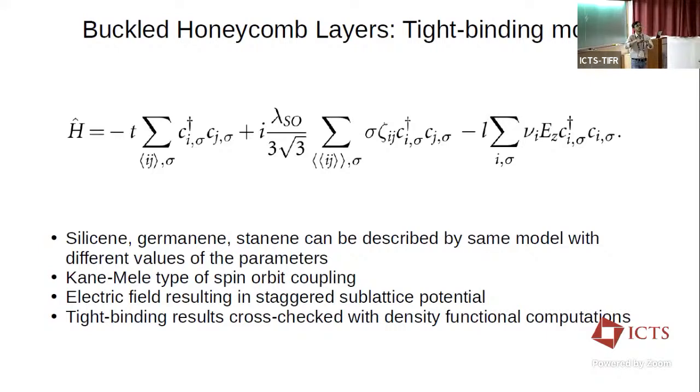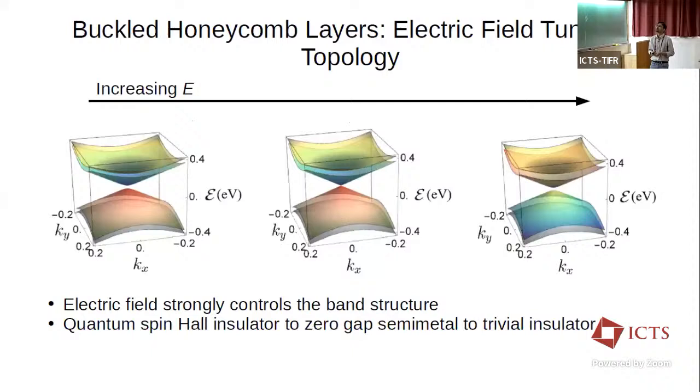This works between next nearest neighbors, so A sublattice to A sublattice, B to B. And finally, this is the term which takes into account the electric field. It gives a staggered sublattice potential: the A sublattice gets a plus E value and the B sublattice gets the opposite value. As I said, this is a tight binding model, but we also checked with our DFT calculations that the results are consistent.